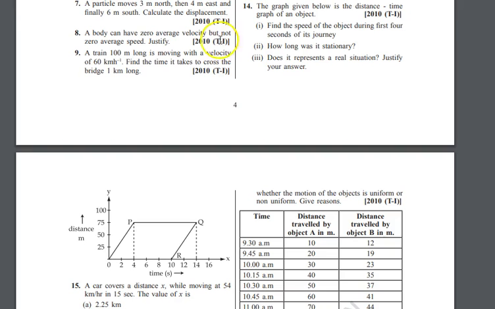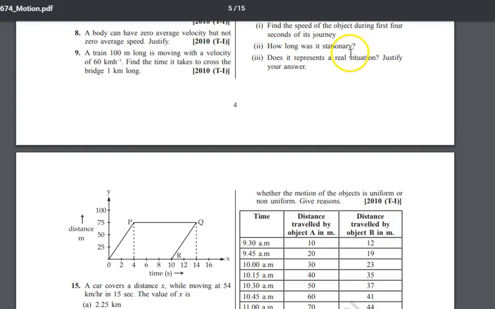Next, how long was it stationary? The stationary line is the one that shows P to Q. Q value 14 minus P value 4.